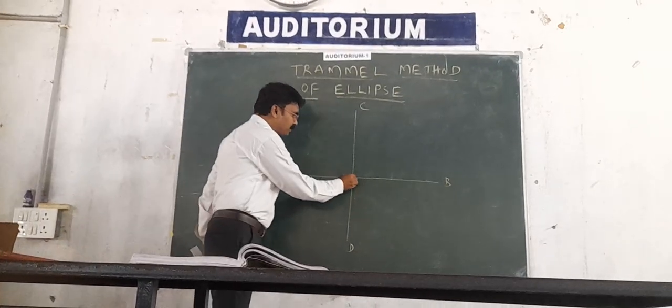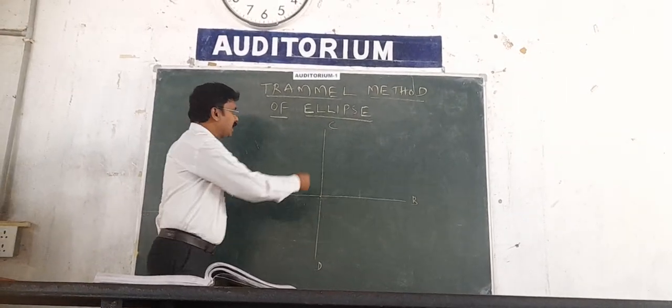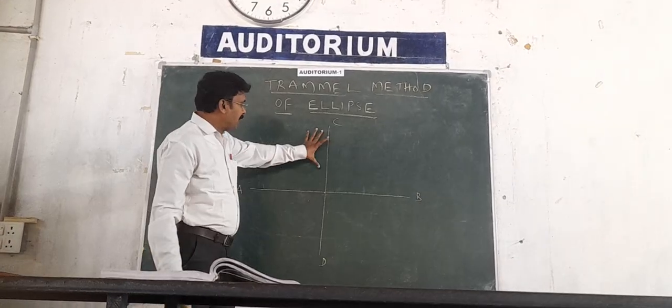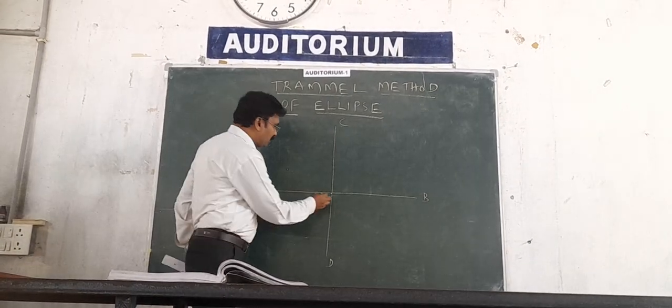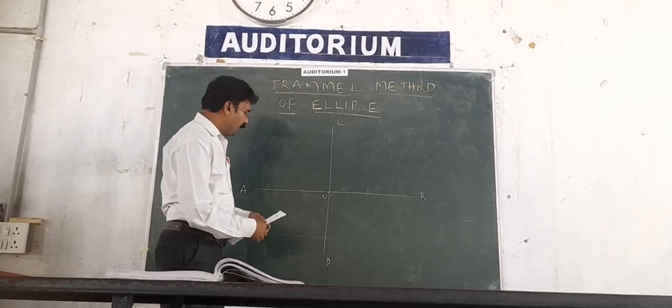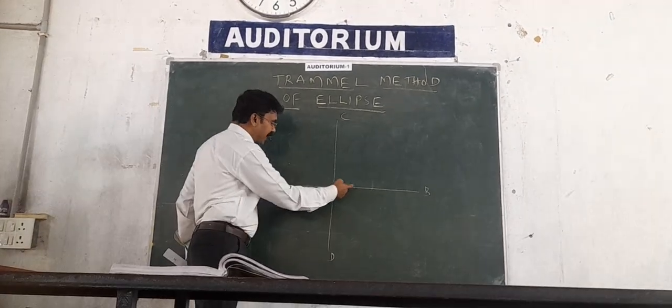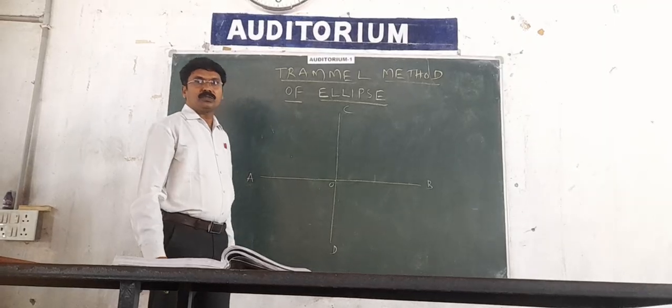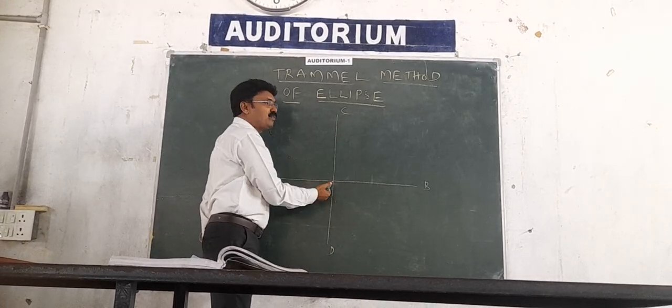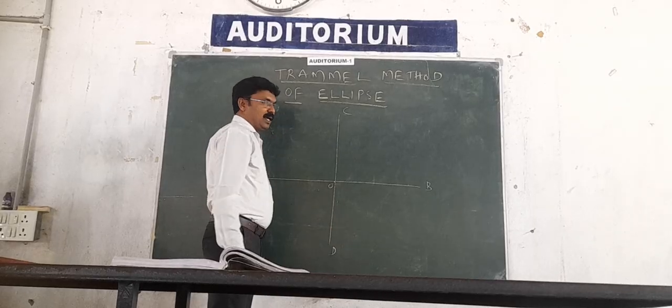Take the midpoint of the major axis and draw the minor axis so that half of the minor axis is above the AB line, OC, and below the major axis it is OD, so half of the minor axis is below the AB line.